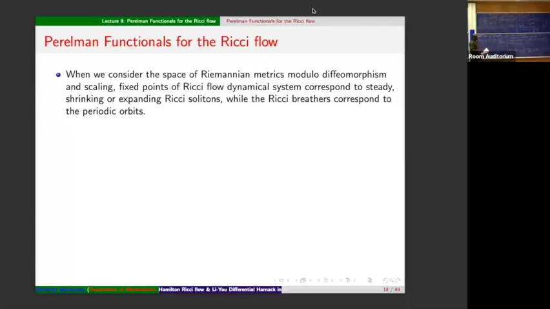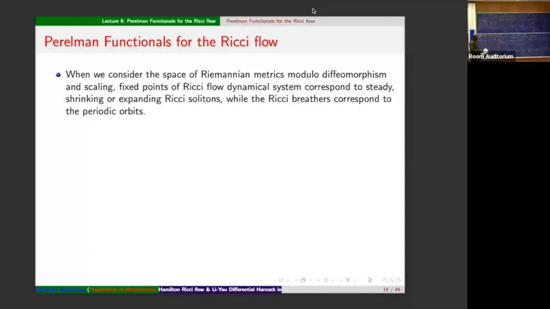If you modulo out the diffeomorphisms and scaling, the fixed points of the Ricci flow dynamical system correspond to steady, shrinking or expanding Ricci solitons, while the Ricci breathers correspond to periodic orbits.